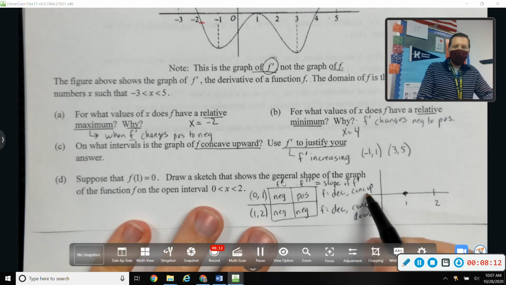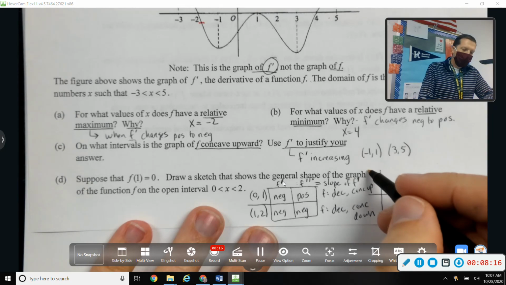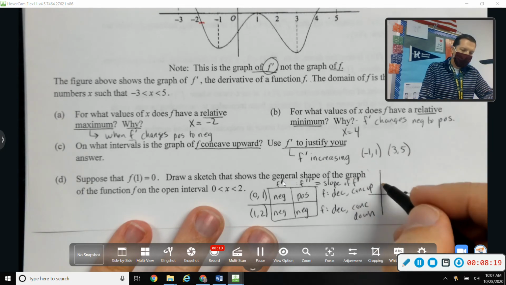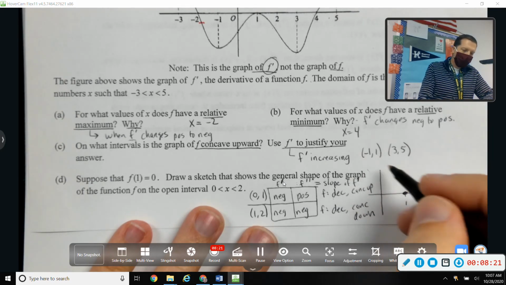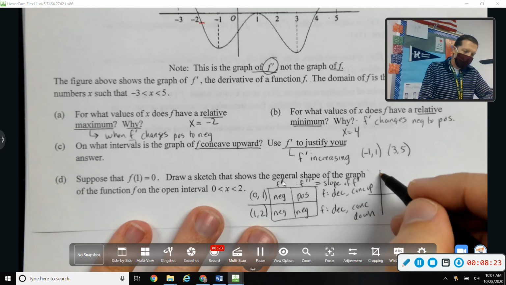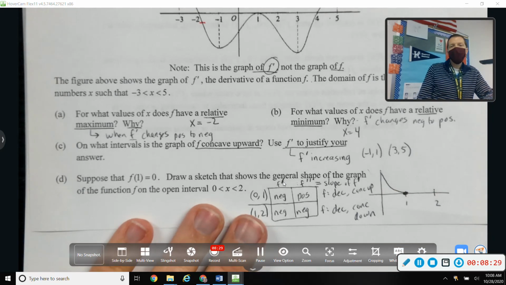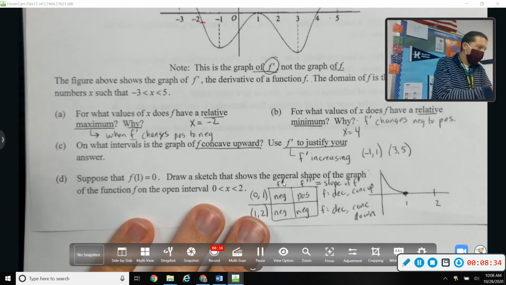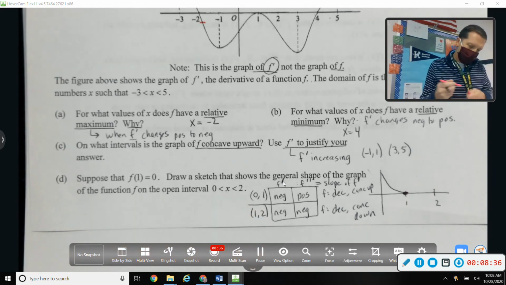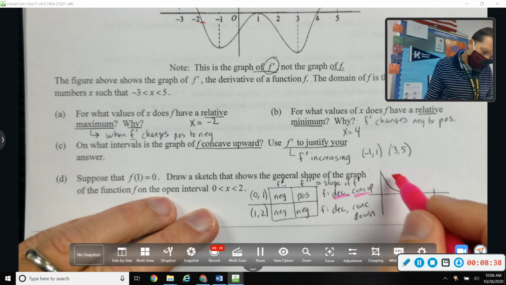So decreasing but concave up. Decreasing concave up.